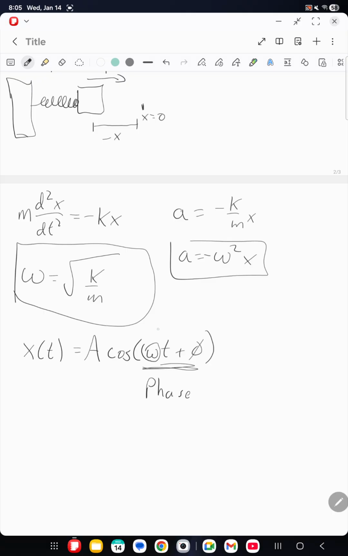We already know this, which is the angular frequency, the angular velocity, and this is a constant. This is the phase constant that describes the phase of the system, and this one equation describes essentially motion for a mass spring system.